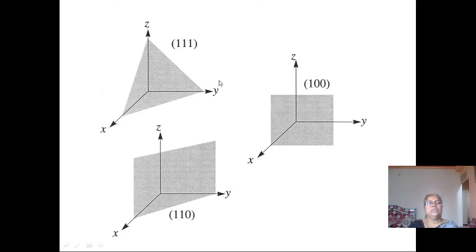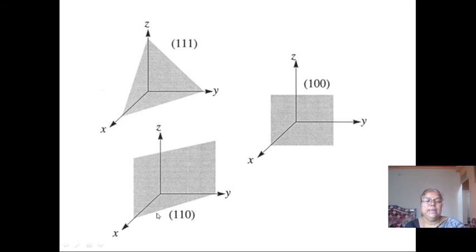Then see, this is another plane and it cuts the x-axis as well as the y-axis, and remains parallel to the z-axis. Such a plane is called the 1 1 0 plane. As in the first figure you have seen the 1 0 0 plane, that face cuts one coordinate axis.